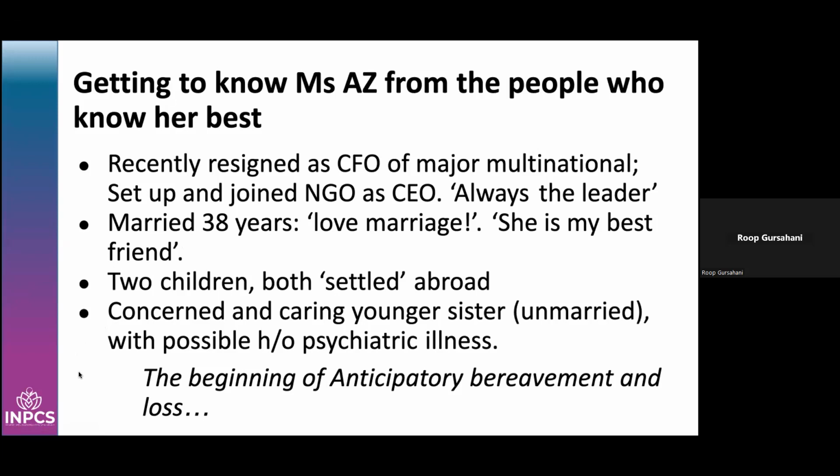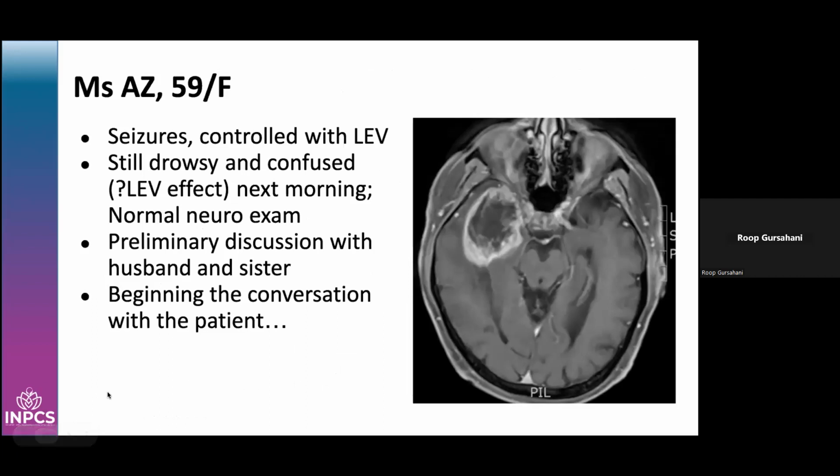So one of the first things that we have to accept, when we make a diagnosis like this, is that some of the collusion arises from anticipatory bereavement and loss in the family also. It's difficult for them to accept what is coming up ahead, and they react in the only way they know.